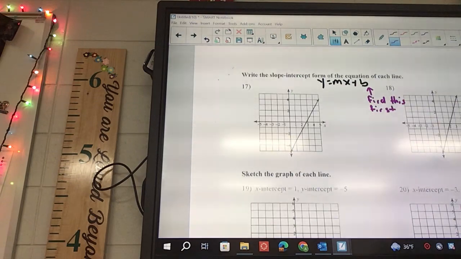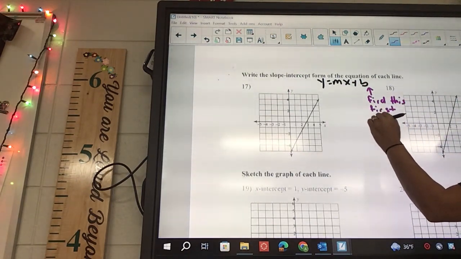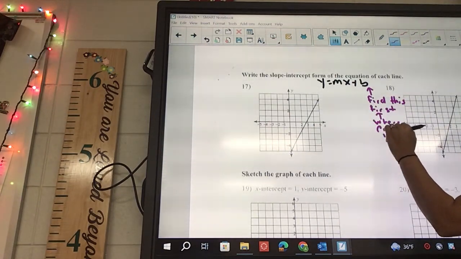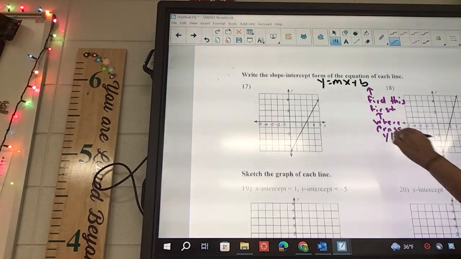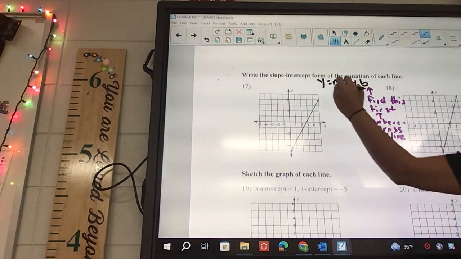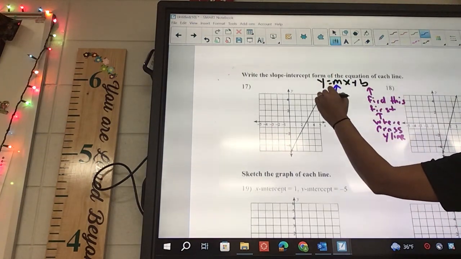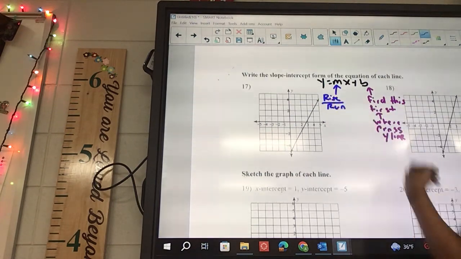Really it's where it crosses the y line. For the m part, you count from the b. This is my slope, and it's my rise over run, remember? But you need to count from the b.